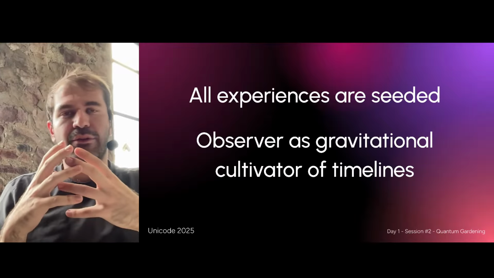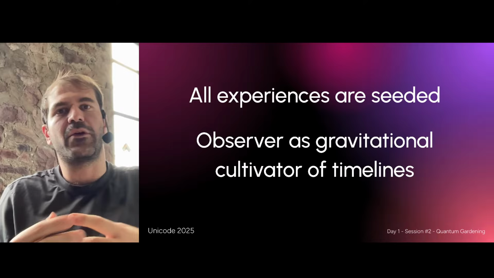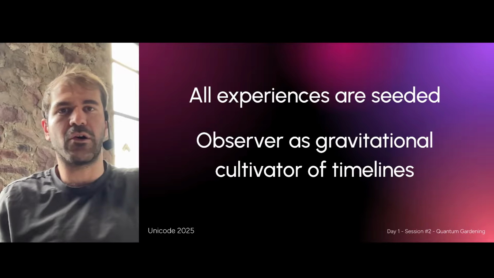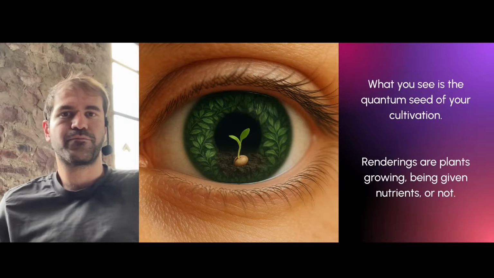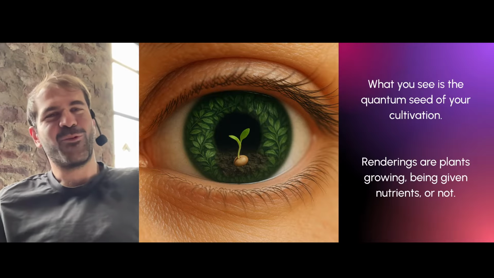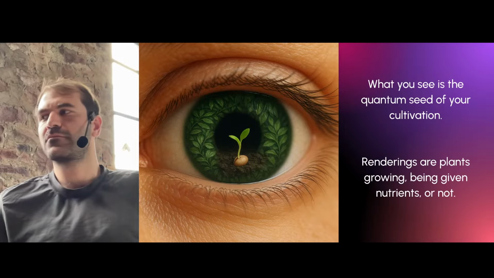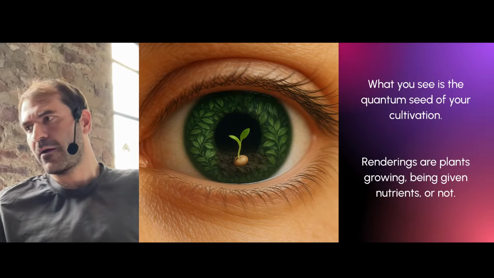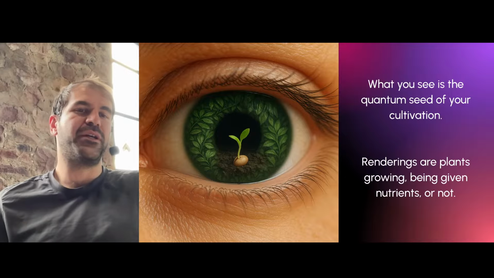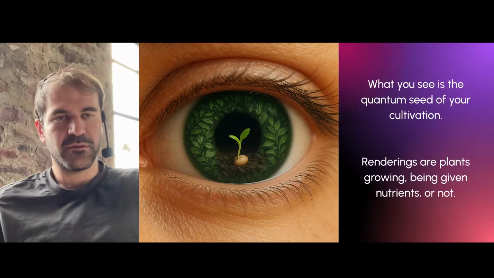So the old one got composted back into infinite potential, and the new one just started to grow because you started to give it cultivation. So what you see is the quantum seed of your cultivation. Renderings are plants growing, being given nutrients or not. That's all it is.